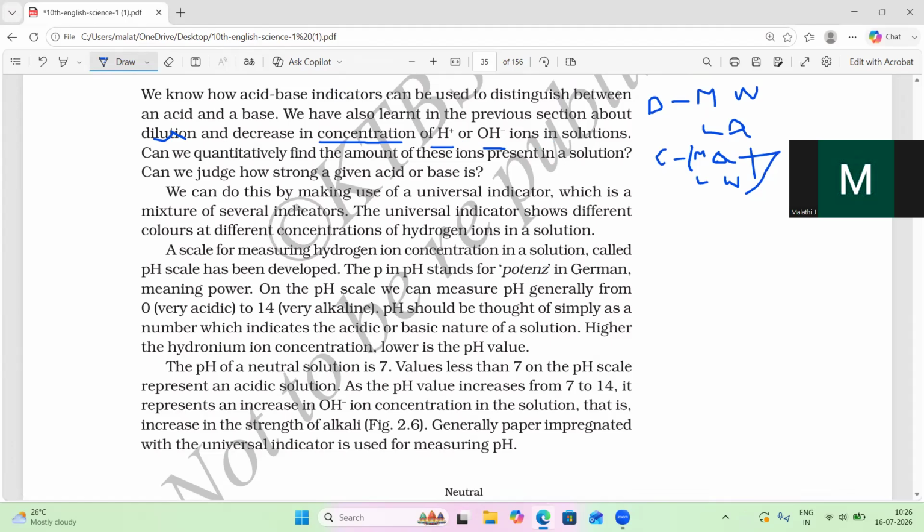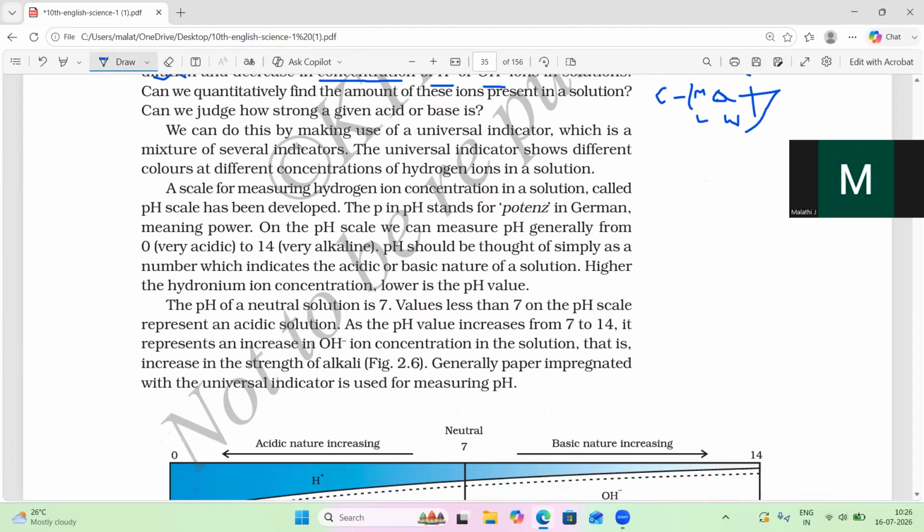So here you should know concentrated acidic solution, dilute acidic solution, concentrated basic solution and dilute basic solution. When we take more amount of acid, the amount of acid increases, and H plus ions also increase.